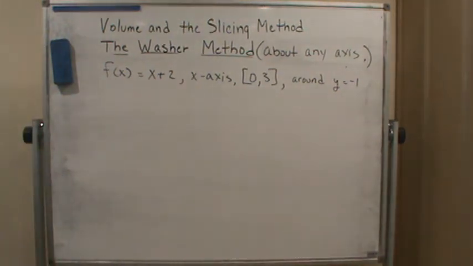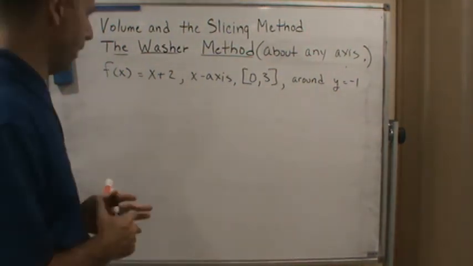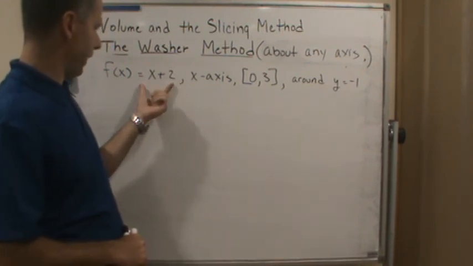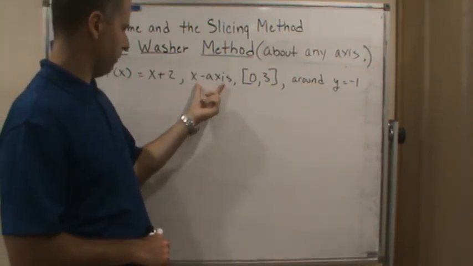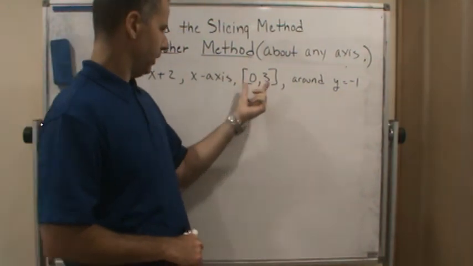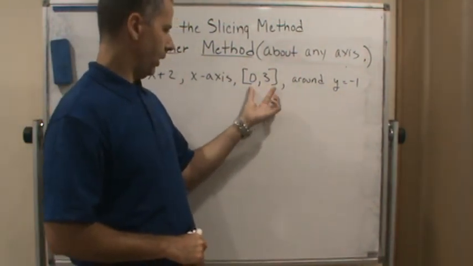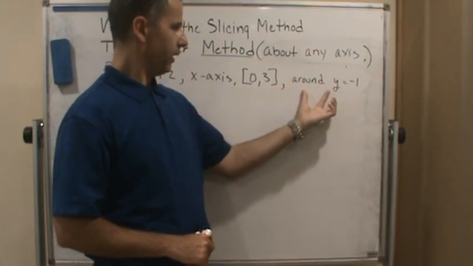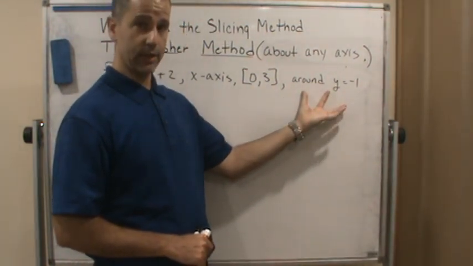Listen to what I'm saying because I'm not writing it all out: we're going to take the region that's bounded above by this, bounded below by the x-axis, going from x equals 0 to x equals 3, and rotate it around y equals -1.